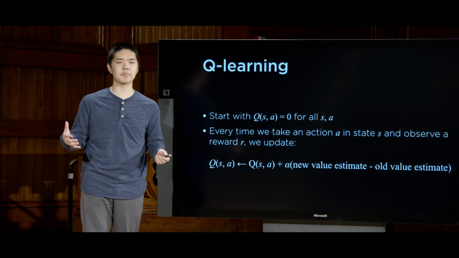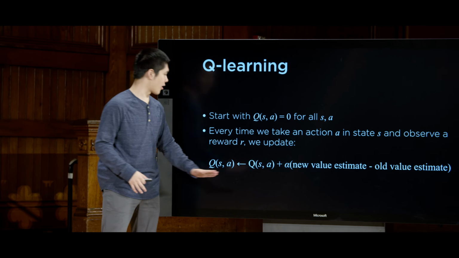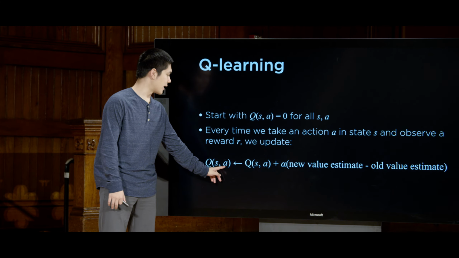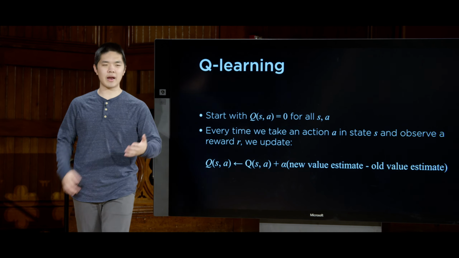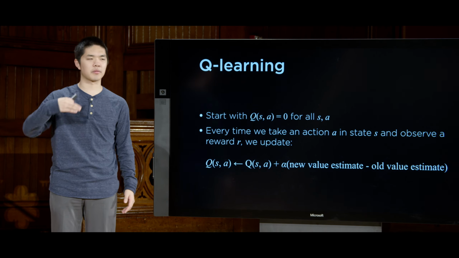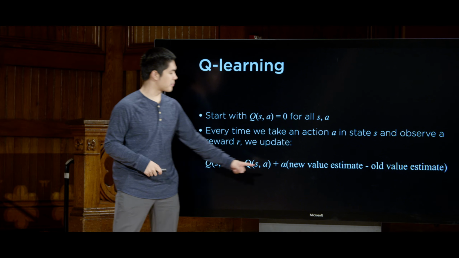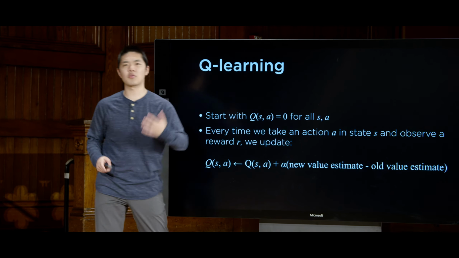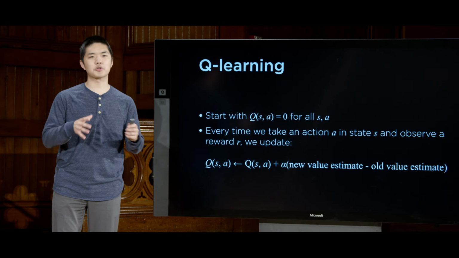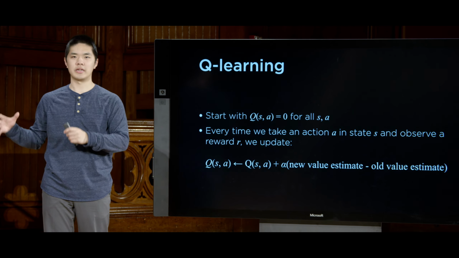And so we have a couple of options here. We need to decide how much we want to adjust our current expectation of the value of taking this action in this particular state, and how much we add or subtract from our existing notion depends on this parameter alpha, also called a learning rate. Alpha represents, in effect, how much we value new information compared to how much we value old information.